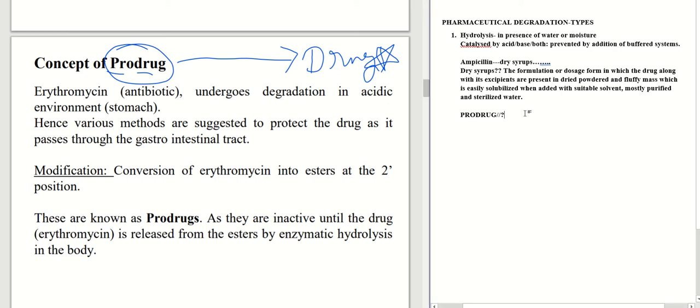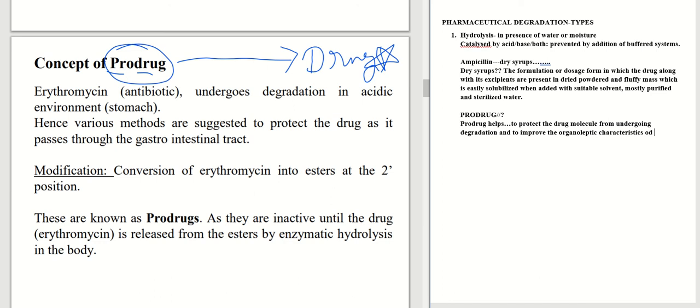By the prodrug concept, a prodrug helps to protect the drug molecule from undergoing degradation and to improve the organoleptic characteristics of the drug molecule.